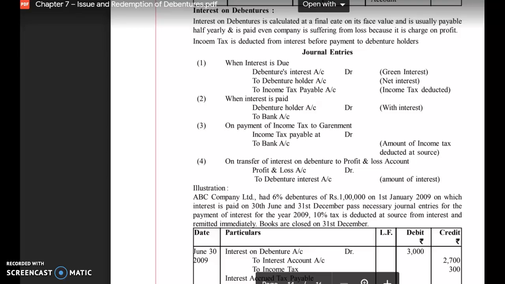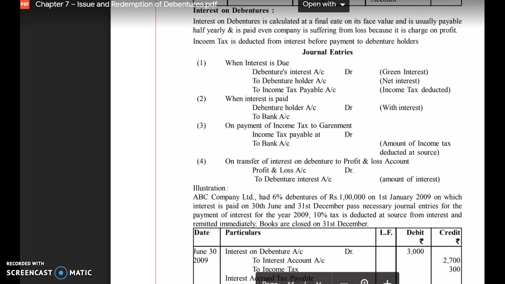Now, when the interest becomes due and when the interest is paid to the debenture holder, what journal entries will be recorded? Let's understand. First, when the interest becomes due, debenture interest is an expense on the part of the company. The entry will be debenture interest account debit to debenture holder and to the income tax payable or to the TDS.